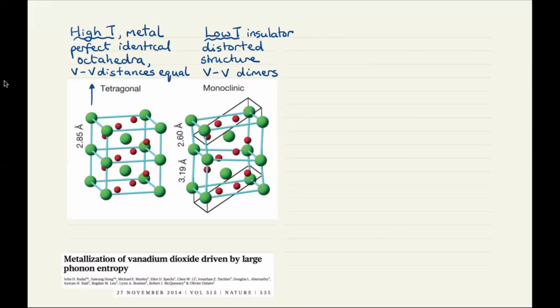So let's just sketch a linear combination of atomic orbitals band structure, just very simplistically, and think about what happens when we have a vanadium 3d manifold, which is partially filled with only one electron, interacting with an oxygen 2p manifold, which is completely filled.